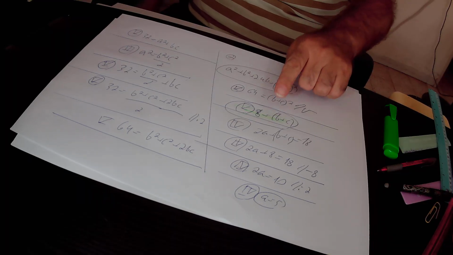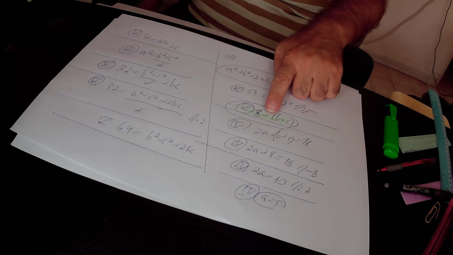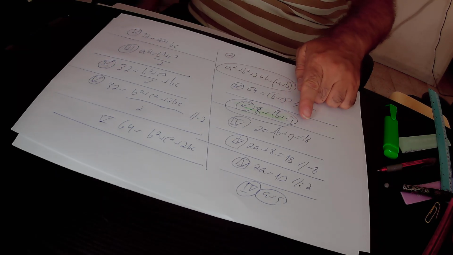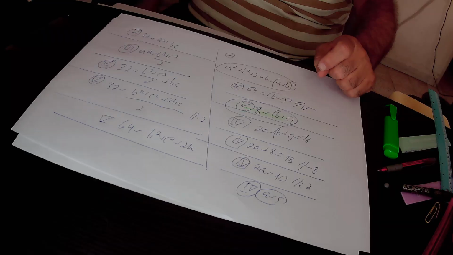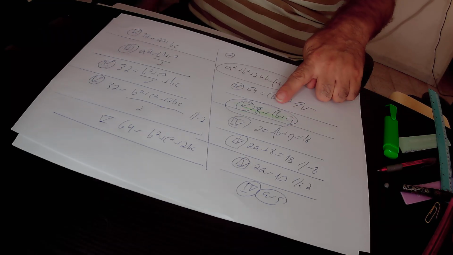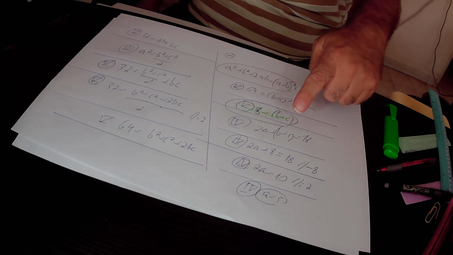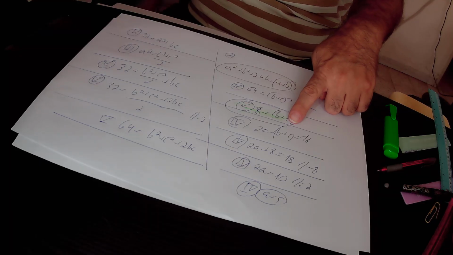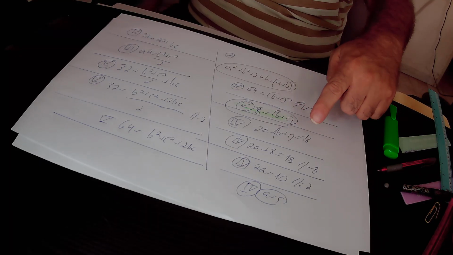But according to equation 2, we found that 2A plus B plus C equals 18. So we can substitute B plus C in equation 4 by 8 from equation 8, because B plus C equals 8. We did it, and we found that according to equation 4, 2A plus B plus C, and B plus C is 8, equals 18.